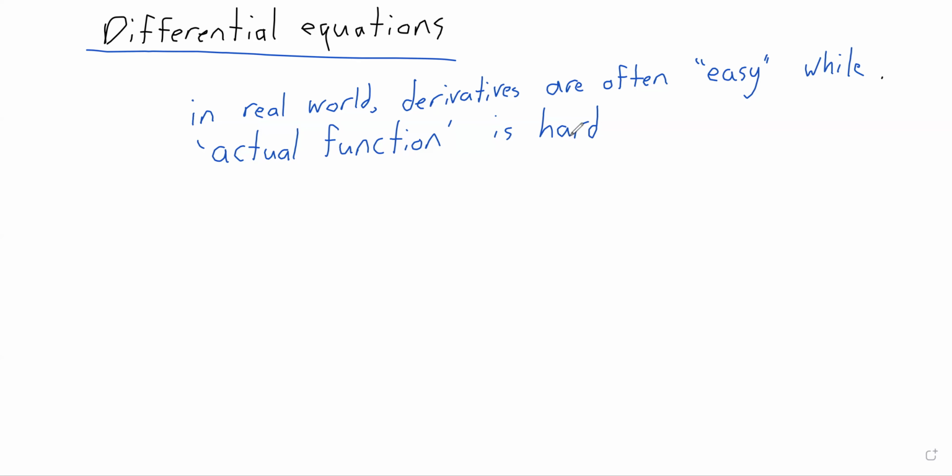Acceleration is easy to measure. Whereas if I throw that up and I say, what's a formula for its velocity? What's a formula for its position? I mean, it's pretty clear that that is not easy to measure.